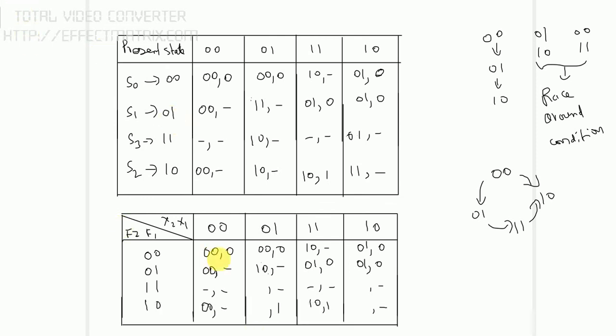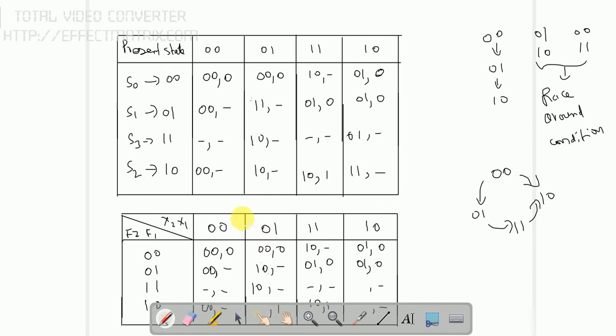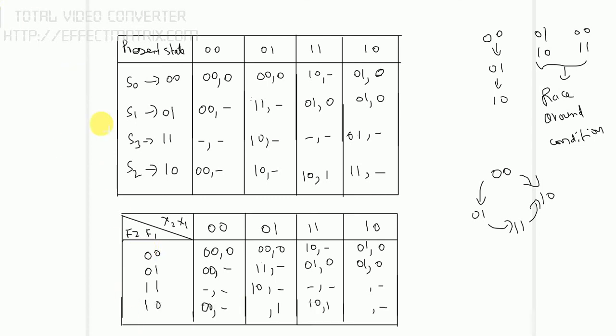So here it is 1 0 comma dash, here 1 1 1 0, here again 1 0, similarly here 0 1 1 1.